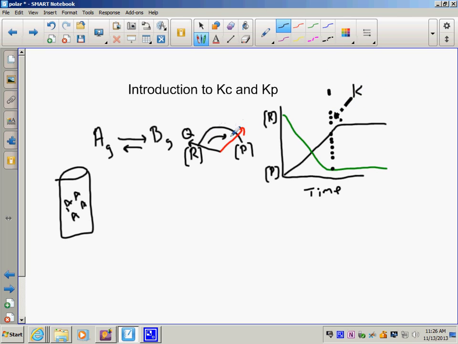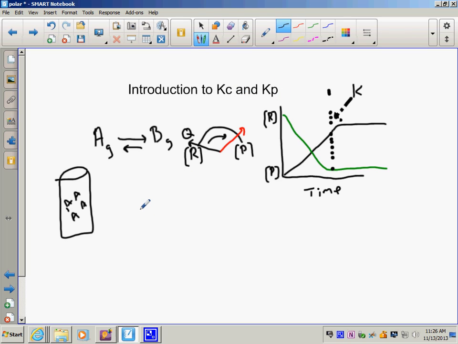I would be moving that way, gaining concentration of product, losing concentration of reactant, and I would form a balance, K, at this point. How long that took just depends on the reaction, and depends on the catalyst available. So how we track these concentrations will determine whether we use Kc or Kp.